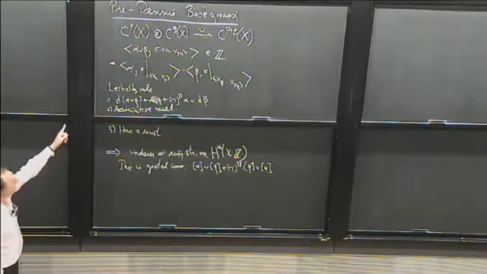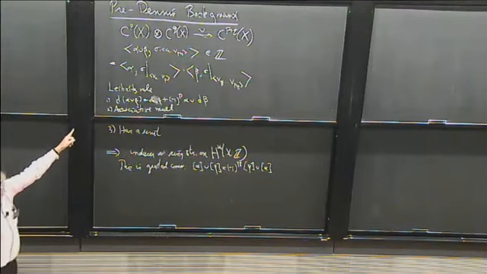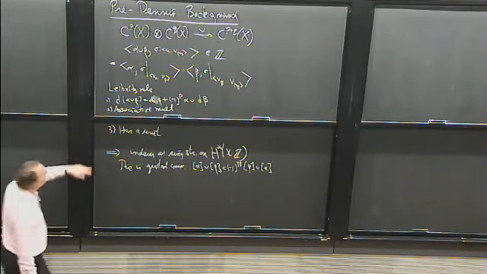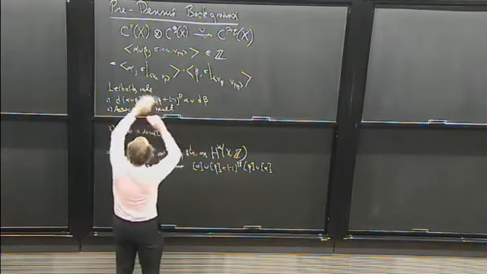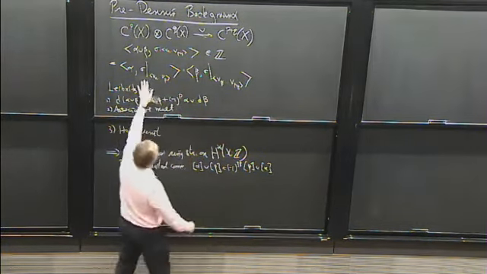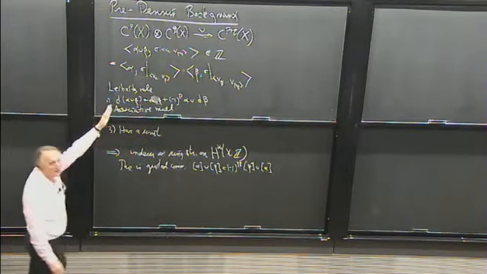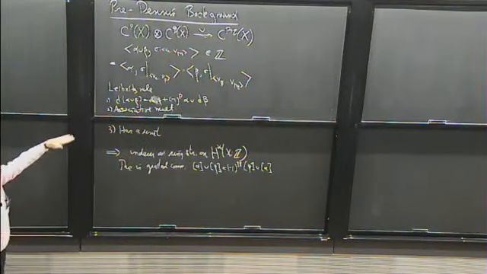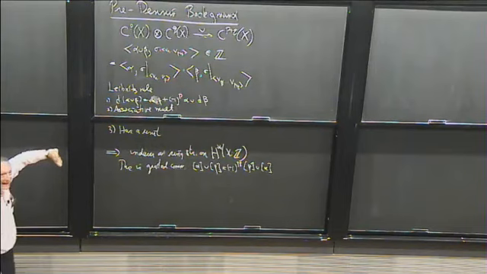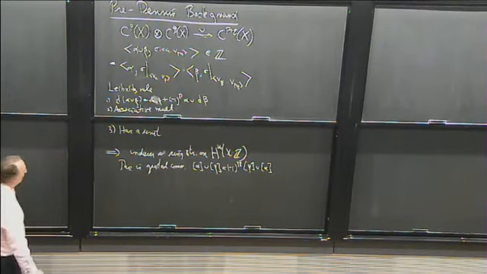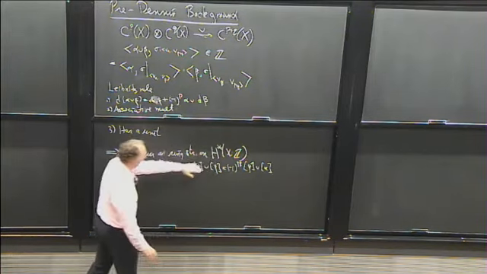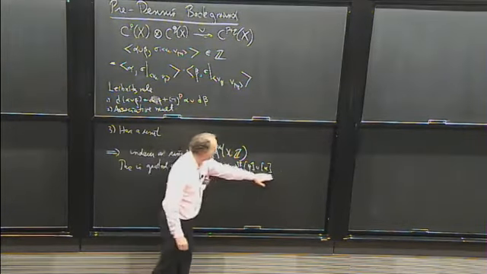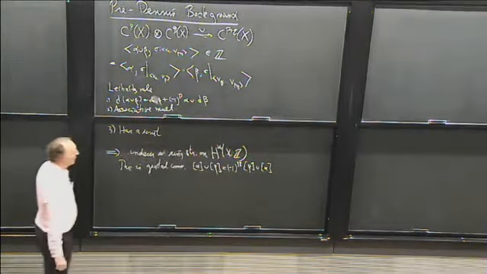Because this cochain formula does not have that property. If you reverse alpha and beta, you're evaluating alpha on the back face and beta on the front face, and that has absolutely nothing to do with alpha on the front face times beta on the back face. It's a highly non-commutative formula. On the other hand, it does induce a commutative multiplication. When I say commutative, I'll always implicitly mean graded commutative on the cohomology.